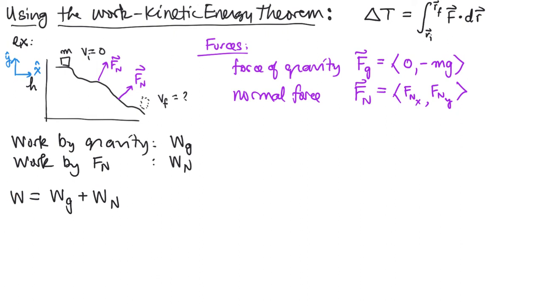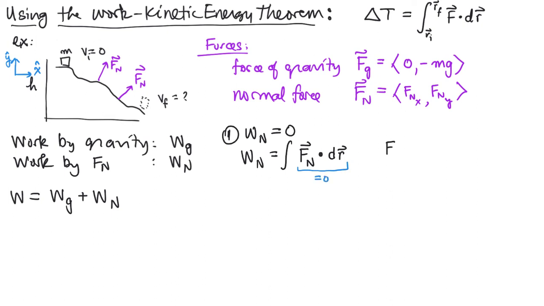All right. The first thing we're going to see is that the work done by the normal force is 0. How do we see that? The work done by the normal force is equal to the integral of the normal force dotted into the displacement vector dr. And that integral is going to be 0 because this dot product is going to be 0.